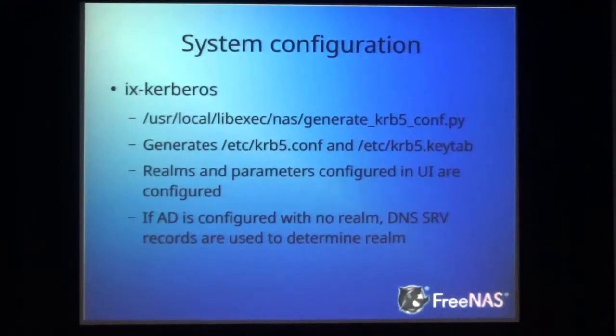So if you haven't specified anything, it'll go out to DNS and look up the SRV record for your AD domain, or if you have them configured for LDAP, it'll look it up for your LDAP domain. And it generates your krb5 conf file.